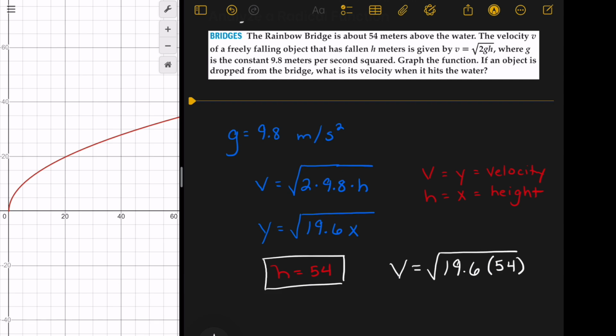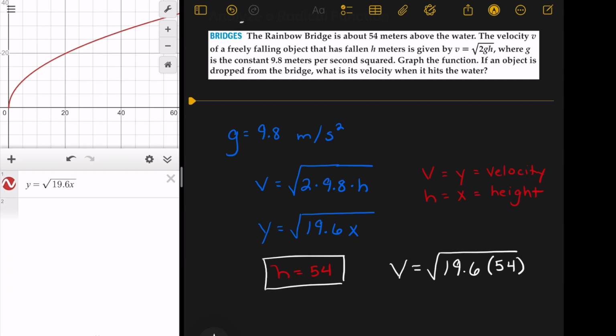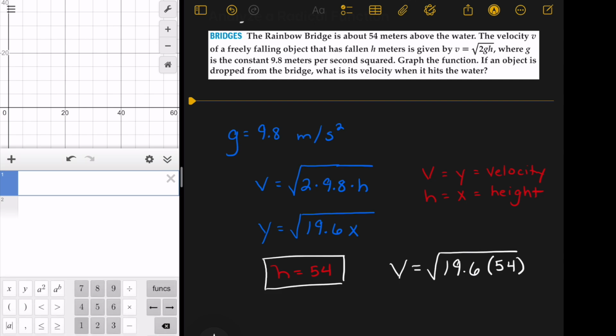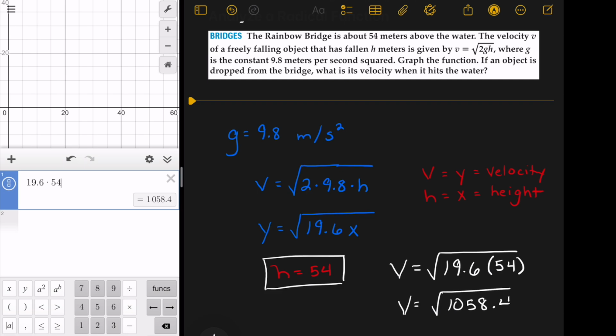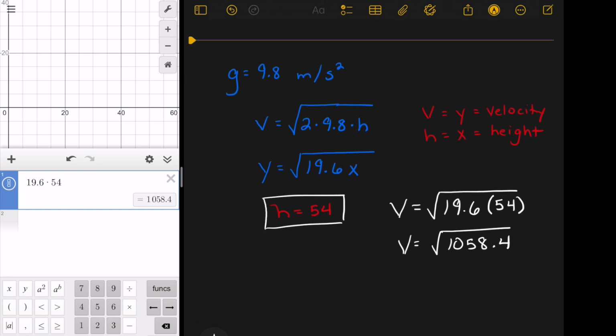So 19.6 multiplied by 54, and I can use Desmos for this as well. 19.6 times 54 is 1058.4. So the square root of 1058.4 is going to be my solution. That'll be the velocity.